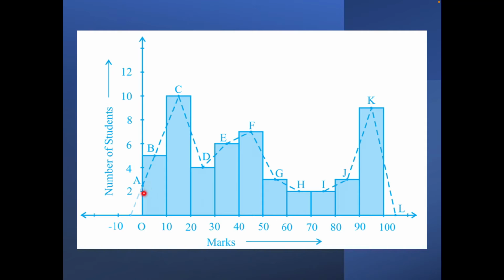But if we start the polygon from OA, if I locate A here, that much area will be less for the frequency polygon, right? So we need to locate point A here on the x-axis.